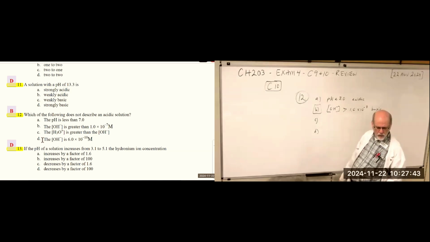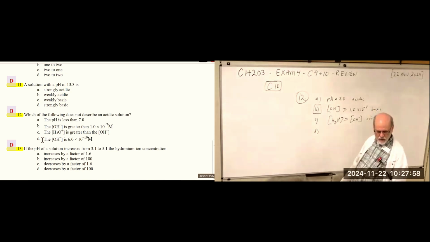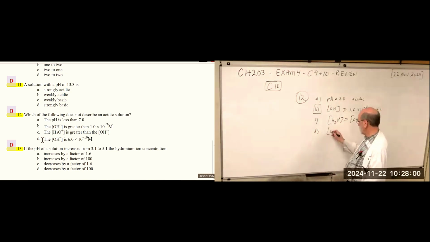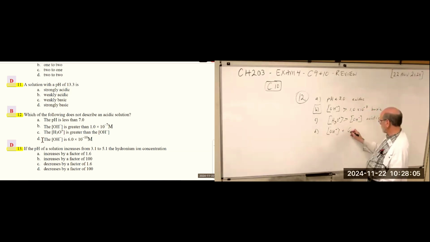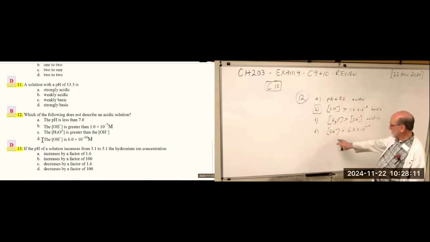H3O, the hydronium ion is greater than the hydroxyls. Yes. If this one is greater than this one, that's acidic. And D, OH minus is equal to 6 times 10 to the minus 10. That's a lot less than 10 to the minus 7. So this ion is less than that one.